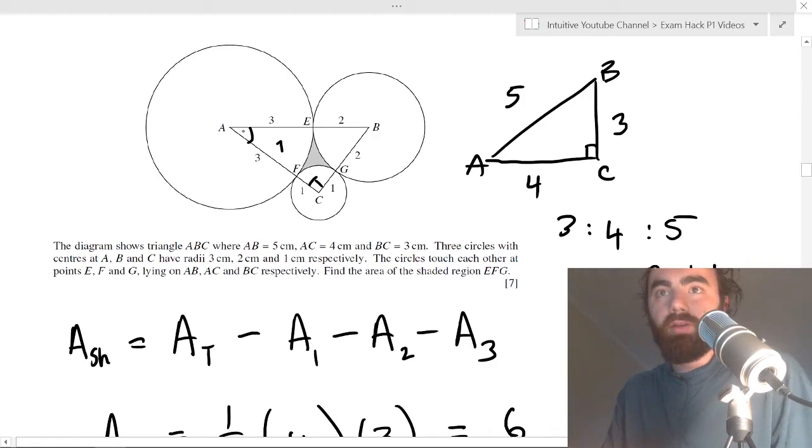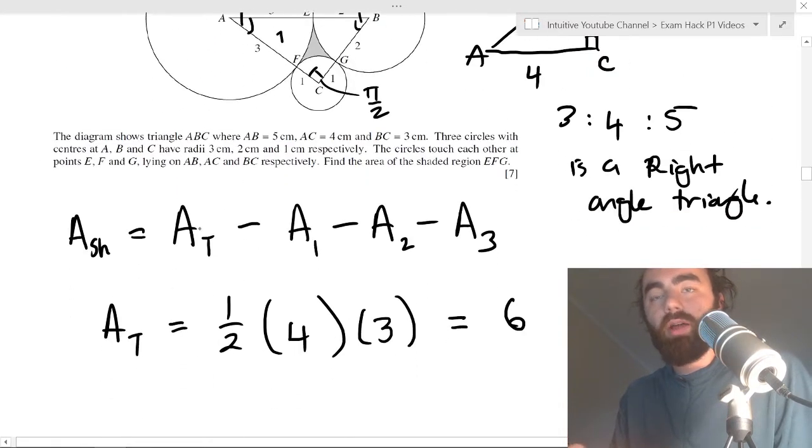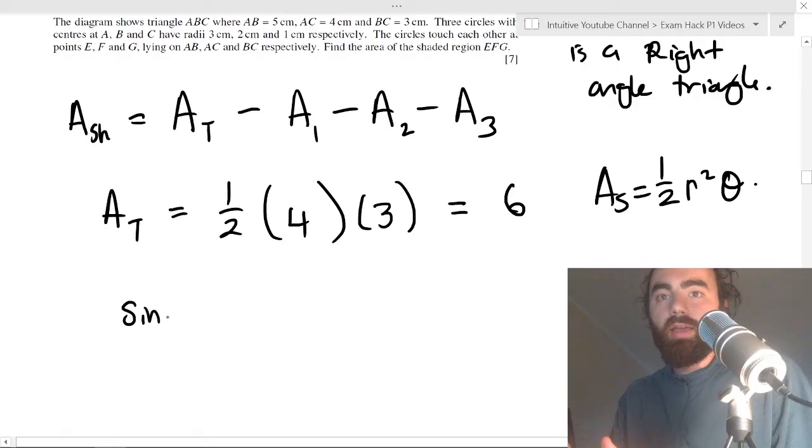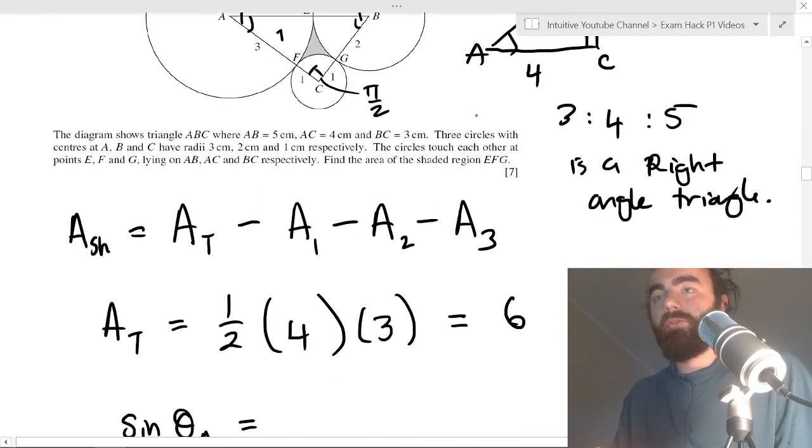Let's call it theta A. We'll call this angle theta B, and this angle we already know is pi over 2 because it's 90 degrees. So we can work this out from the triangle. We know that sine of theta A equals opposite, which is 3, over hypotenuse, which is 5.